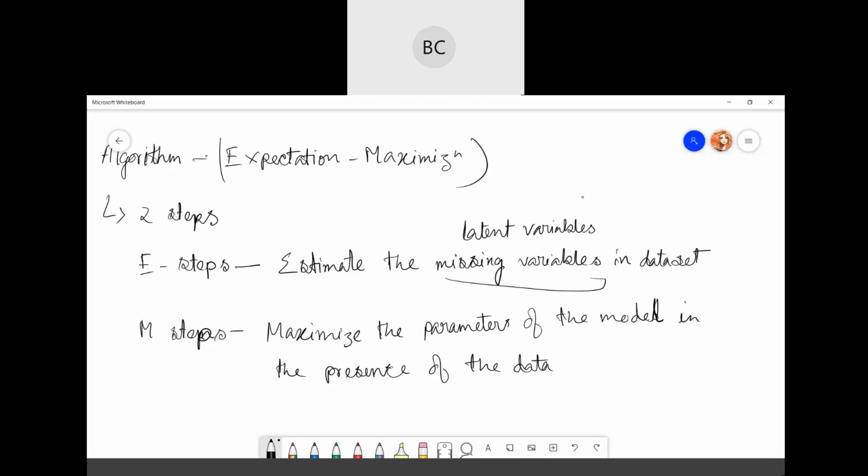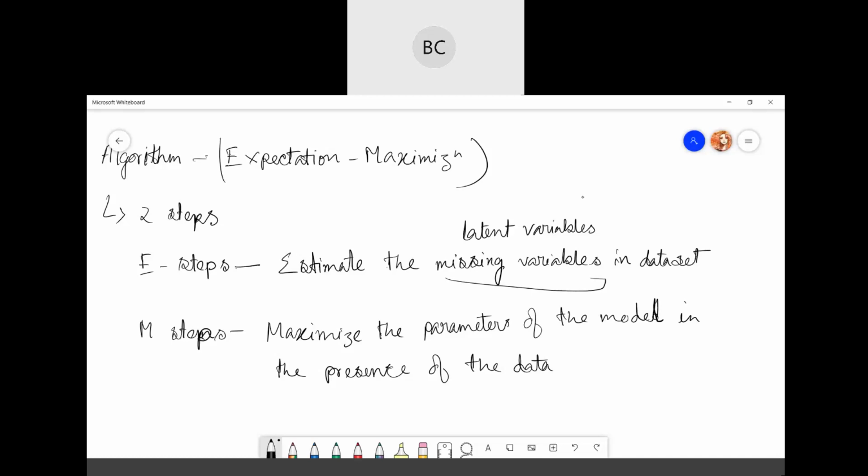The EM algorithm is most widely used in unsupervised learning problems like clustering and density estimation, and also in some mixture models like Gaussian mixture model. So I will not go into the detail. Just remember it's an expectation maximization algorithm.